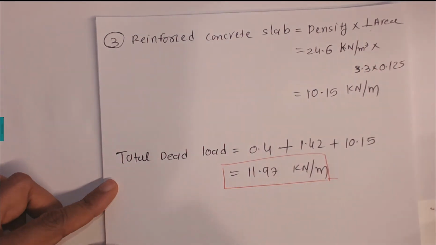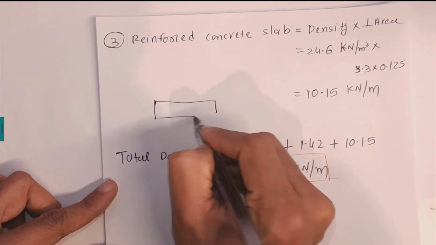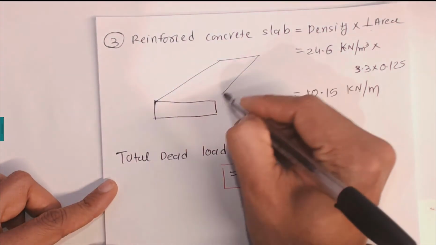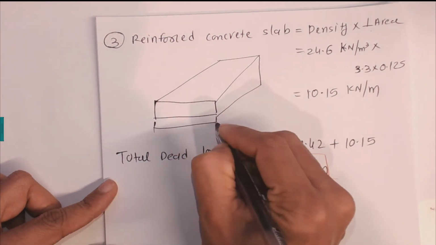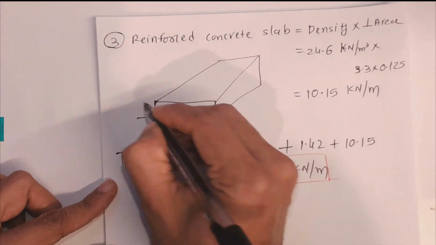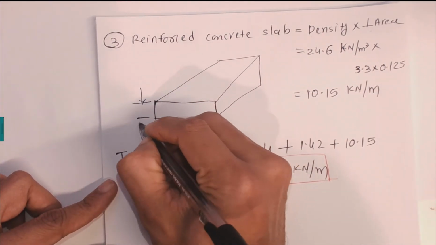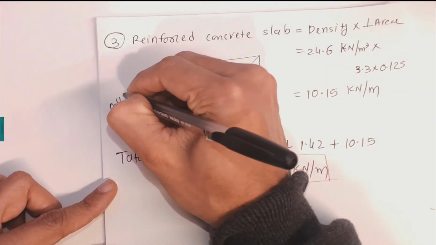So that's the concept, pretty much the same thing. If I draw this slab here, we have a length of 3.3 meters and a thickness of 125 millimeters, or 0.125 meters.